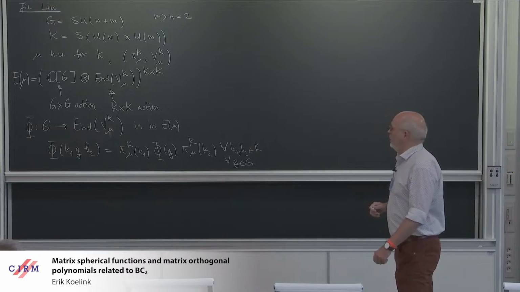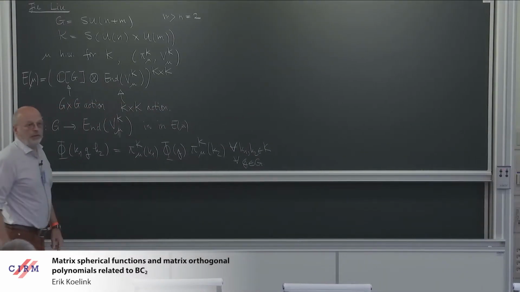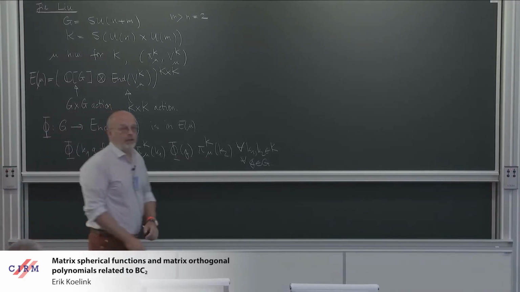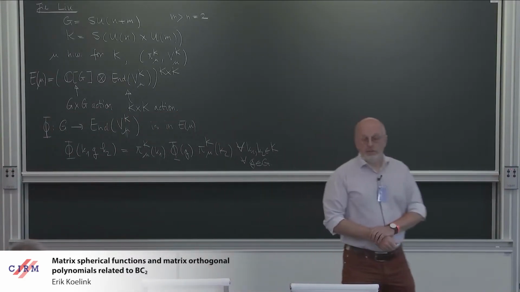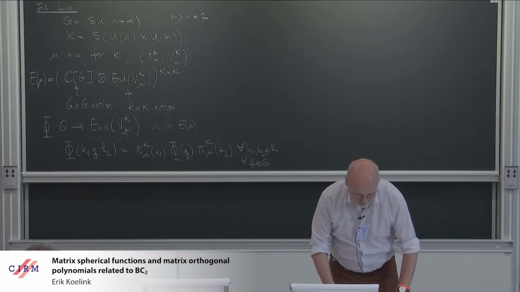And of course, if you take mu to be the trivial representation, then these are just the bi-K-invariant functions, and that corresponds to this being, well, we know that this is a Gelfand pair.